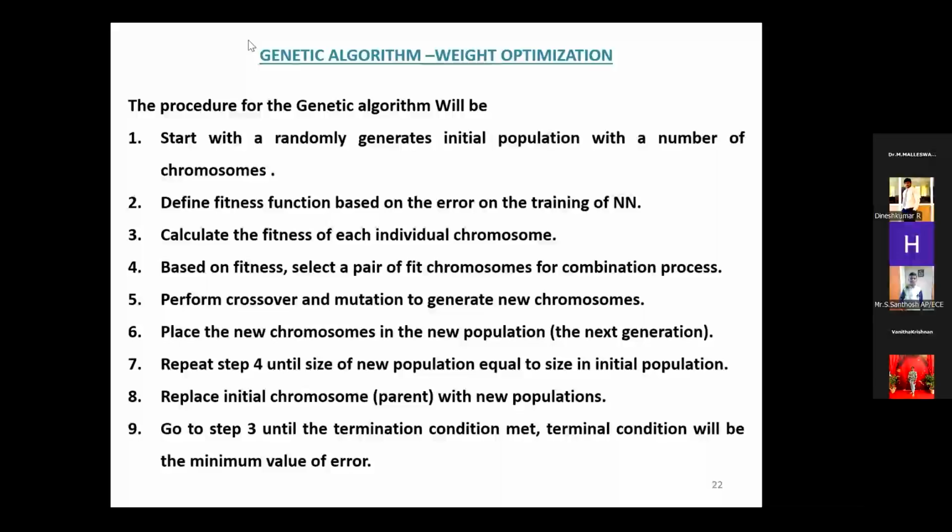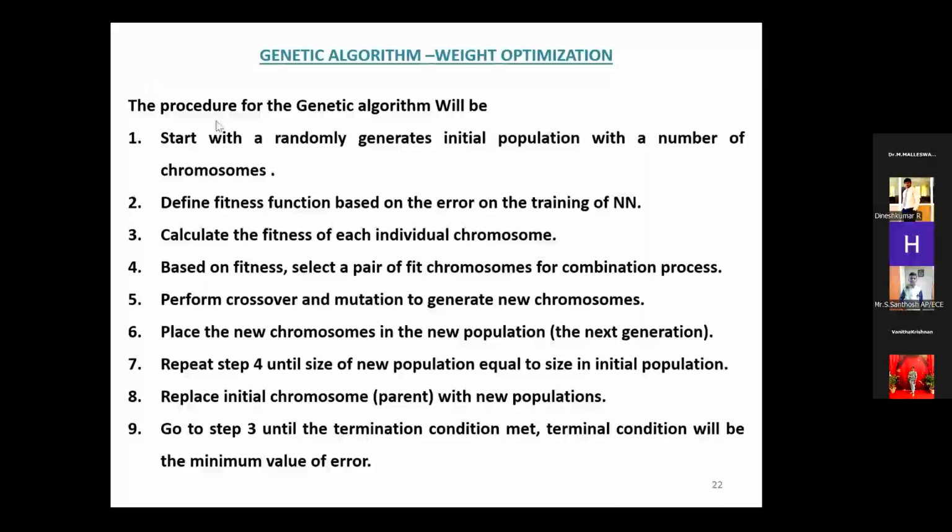Then define a fitness function based on the error in the training of the neural network. So the fitness function plays a very important role, like a membership function in fuzzy logic. Then calculate the fitness of each individual chromosome.